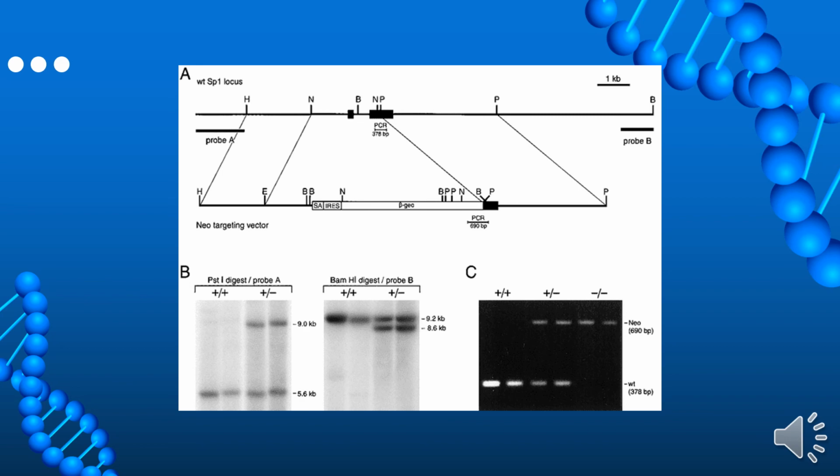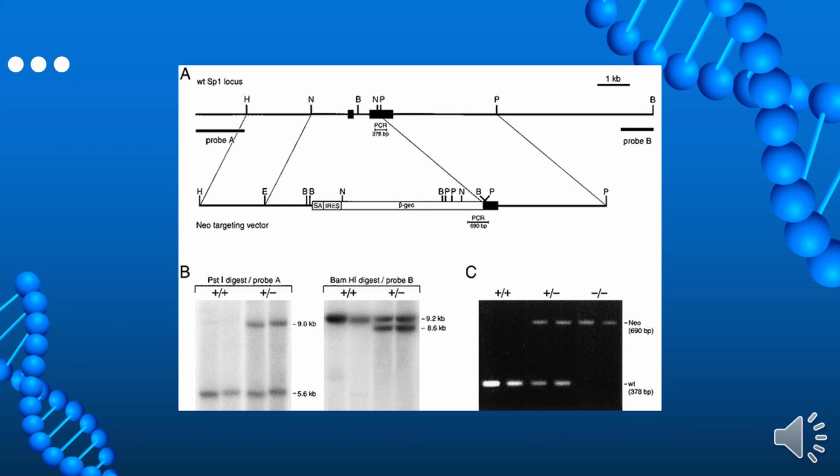Probe A detects a 5.6 kb band for the wild-type allele or a 9.0 kb band for the targeted allele. For probe B, it detects a 9.2 kb band for the wild-type allele or an 8.6 kb band for the targeted allele.